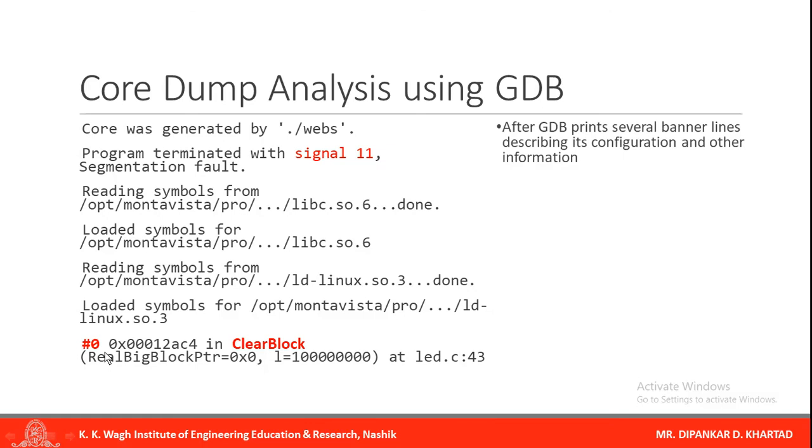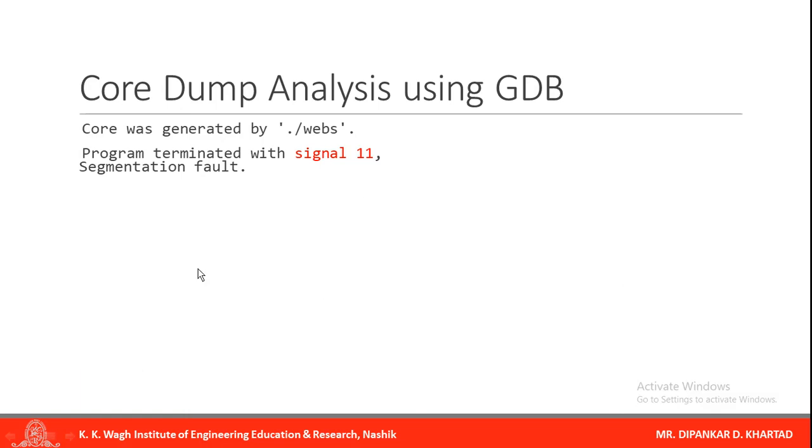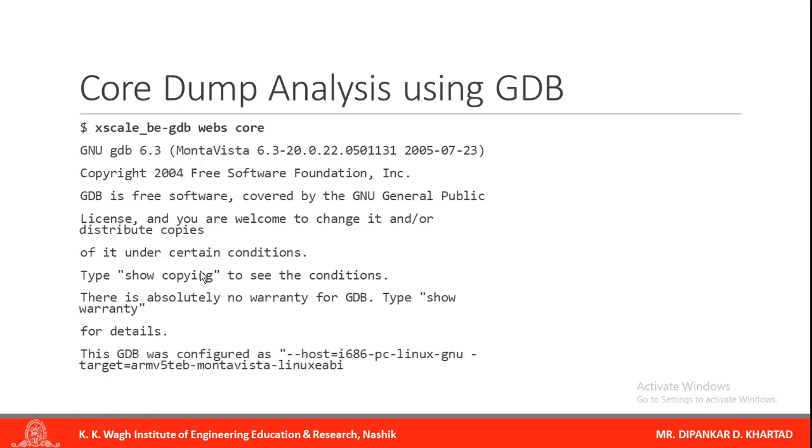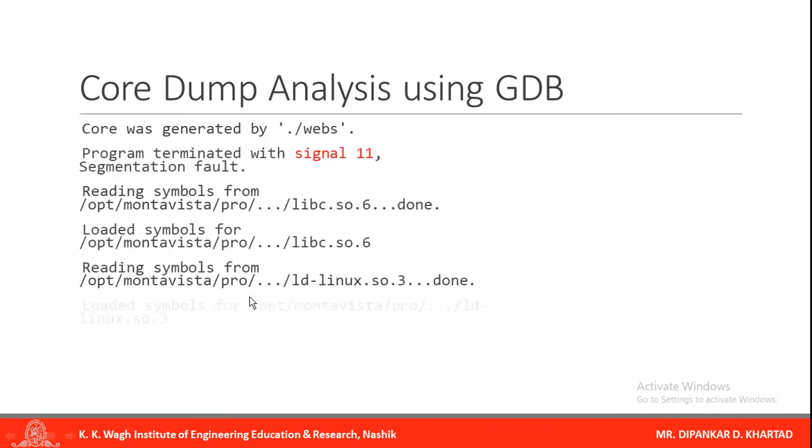Now GDB prints several banner lines describing its configuration and other information, because the previous slide shows its configuration. GDB 6.3 MontaVista. So these are its configuration. Now it is loading various files like libc, ld-linux.so.